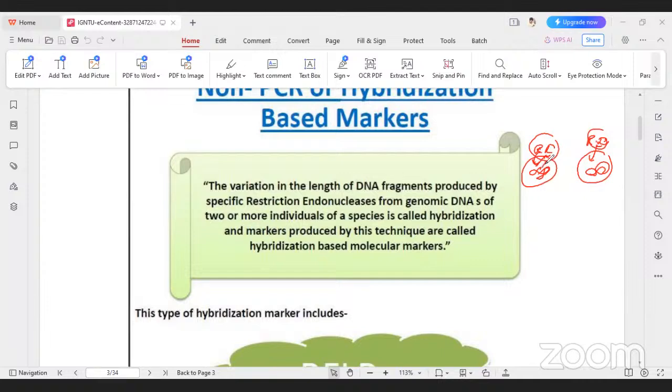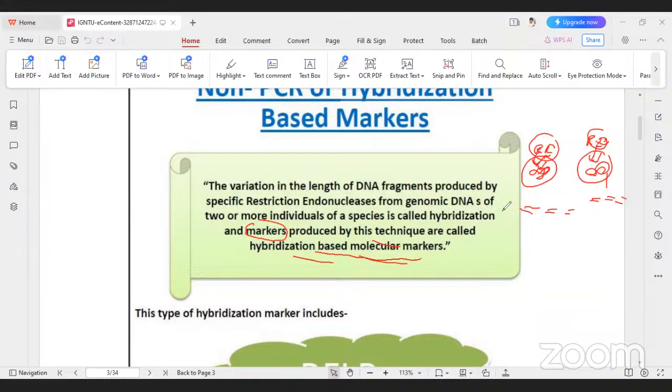That means when you use this restriction endonuclease on different individuals, short fragments are formed. These short fragments are called markers, and the markers produced by this technique are called hybridization-based molecular techniques.